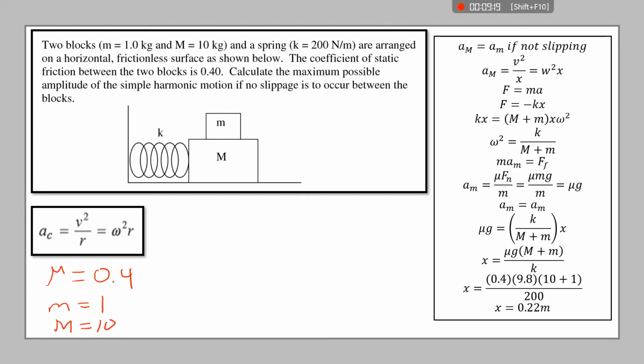Okay. So that gives me my acceleration for the large mass is going to be omega squared x. Then my force is mass times acceleration, and my force is also Hooke's law because we are an ideal spring in simple harmonic motion.